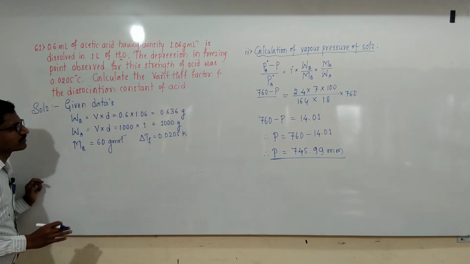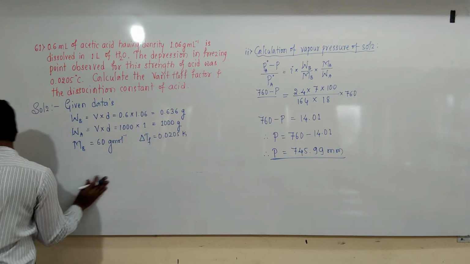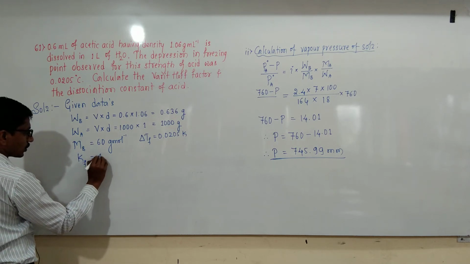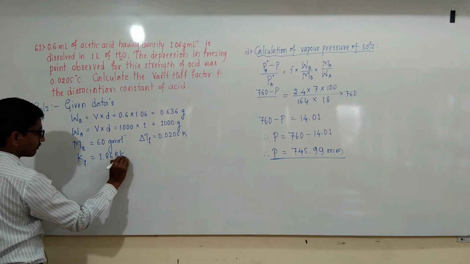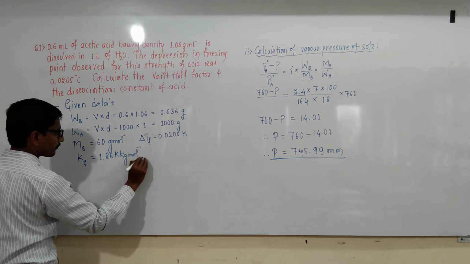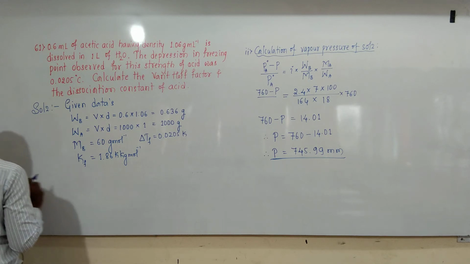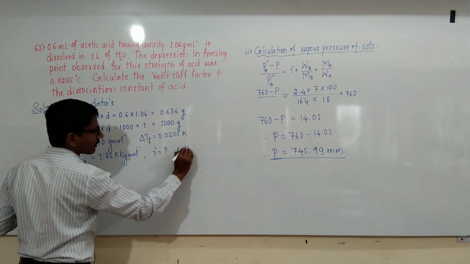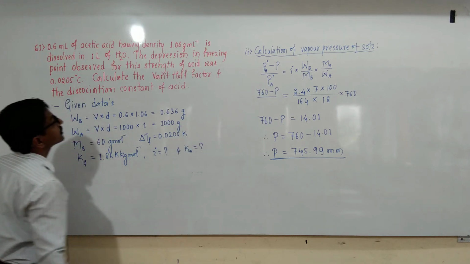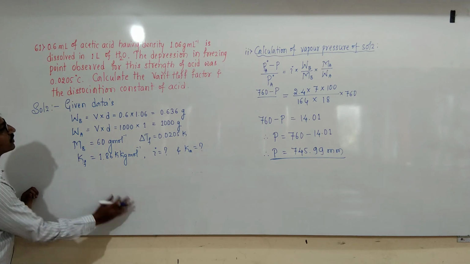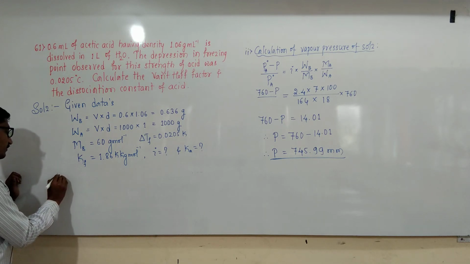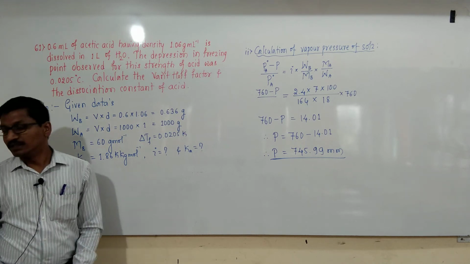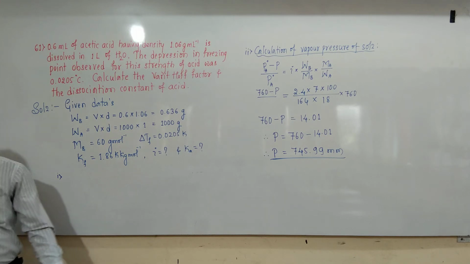Degree Celsius is always equal to Kelvin in a difference, and the Kf value for water is known, 1.86 Kelvin kg per mole. Then we can calculate the van't Hoff factor and Ka, the acid dissociation constant. From these values first we calculate the van't Hoff factor.